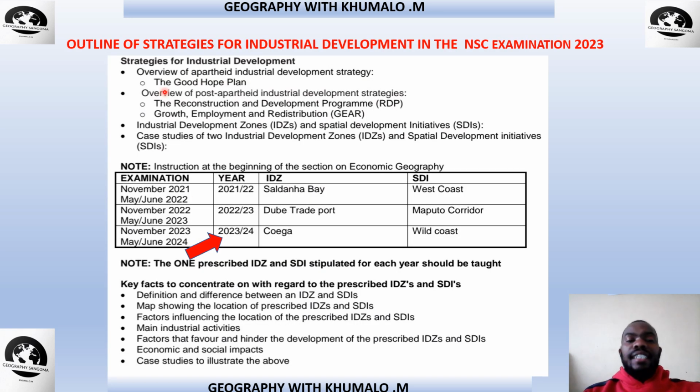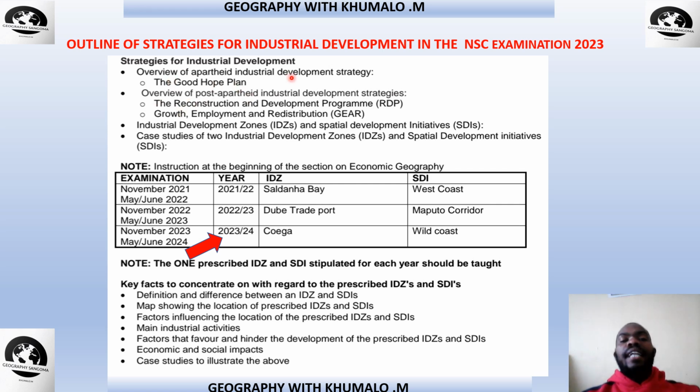Now, let's look at what we have to know according to the examination guideline, grade 12. The examination guideline states that for the strategies of industrial development, they must learn about the overview of the apartheid industrial strategy. So there was one industrial strategy that we are required to learn that was during apartheid. During apartheid, the industrial development strategy that they used was the Good Hope Plan.